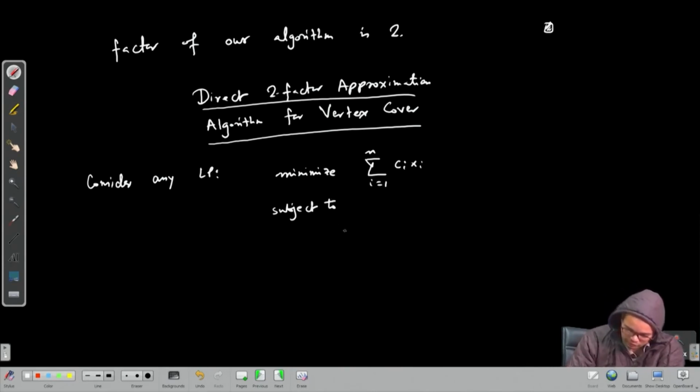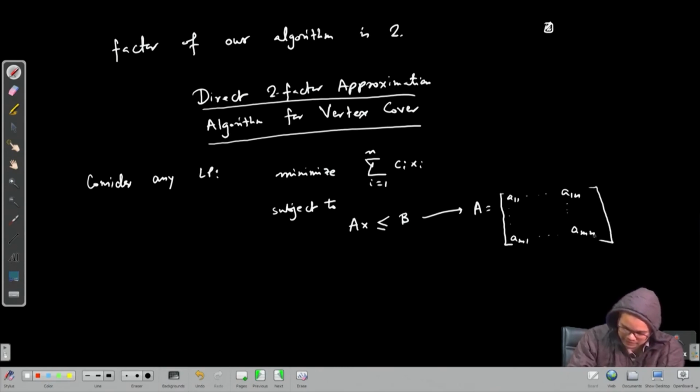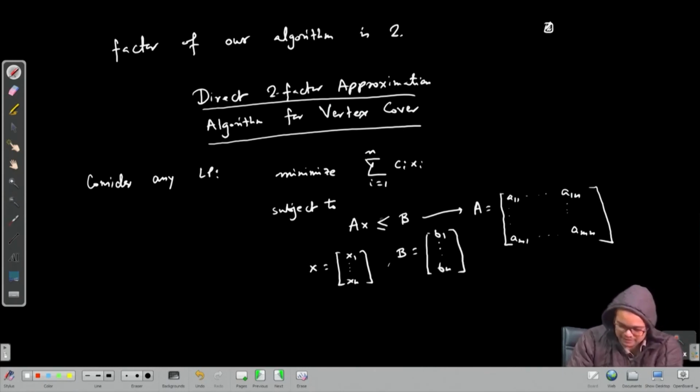If you recall, it can be written as Ax ≤ b, in matrix notation, where A is the matrix with entries A11 to A1n down to Am1 to Amn, and x and b are column vectors, x equal to x1 to xn and b equal to b1 to bm. The less than or equal to means component-wise, each component should be less.